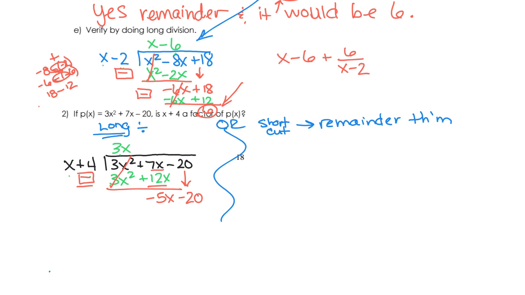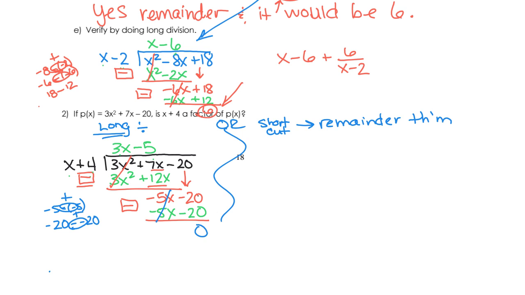And for the x, we're going to need a negative 5 at the top. Negative 5 times x is negative 5x. Negative 5 times 4 is negative 20. And we end up with negative 5x minus negative 5x, which is really negative 5x plus 5x, which cancel. And then we have negative 20 minus a negative 20, which is negative 20 plus 20.